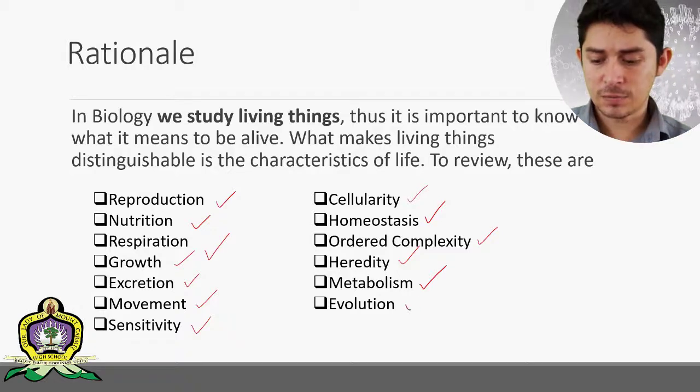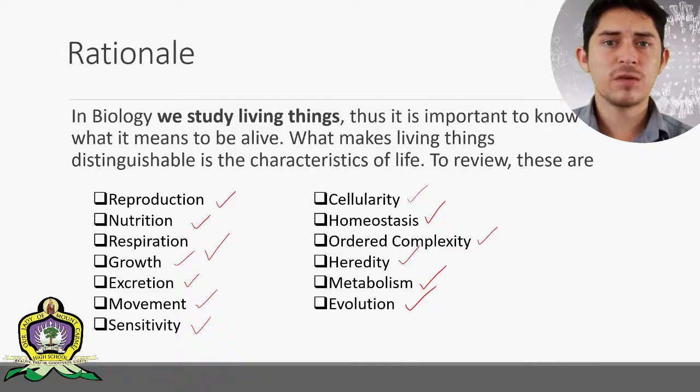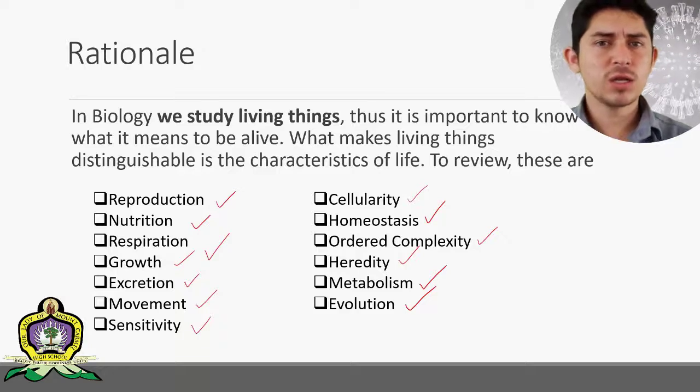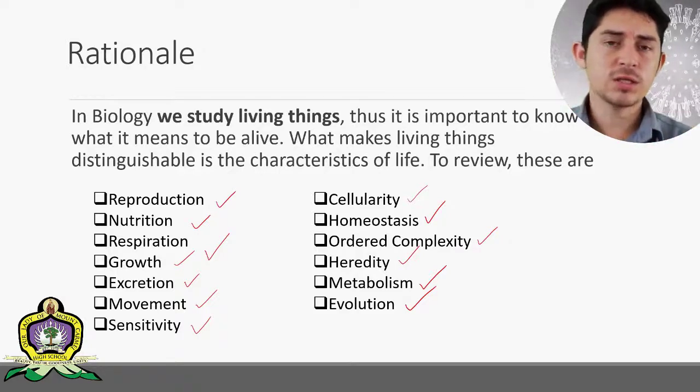And finally, are they able to evolve? By evolution, we mean, are they able to change through time? So when we study living things, we need to keep these characteristics in mind. You will see towards the end of this presentation how these characteristics can be used to classify certain organisms as non-living.